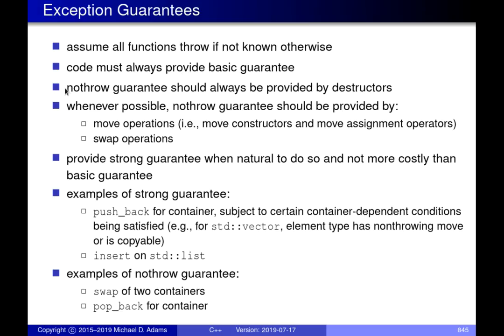In terms of the no-throw guarantee, you should always provide this for destructors, for reasons that we talked about when we looked at exceptions in the first iteration earlier in the course. One thing that was noted was that when you're throwing an exception, one of the important things that takes place is a stack unwinding process. Basically this is invoking lots of destructors, potentially. So destructors often get called when you're processing an exception.